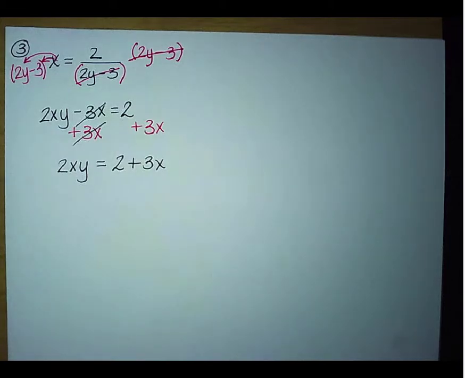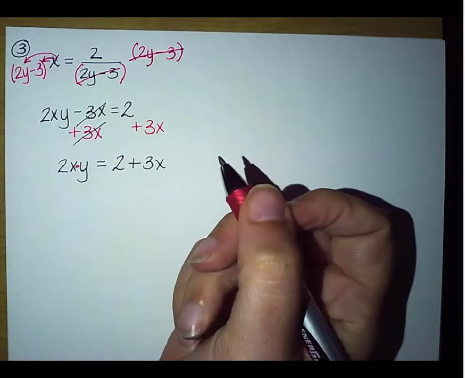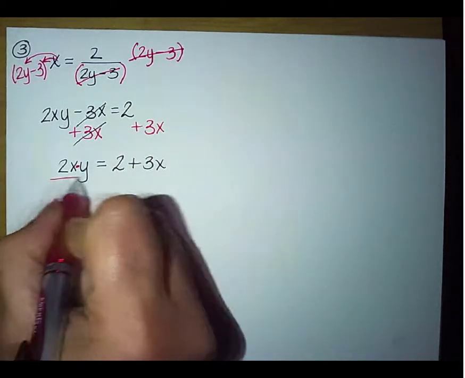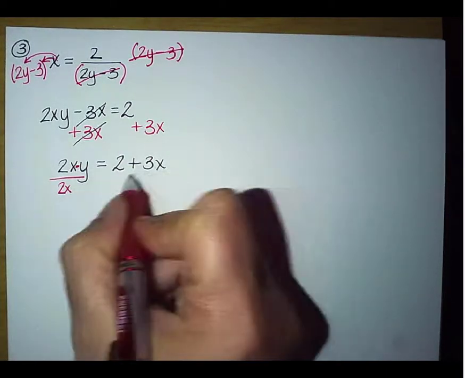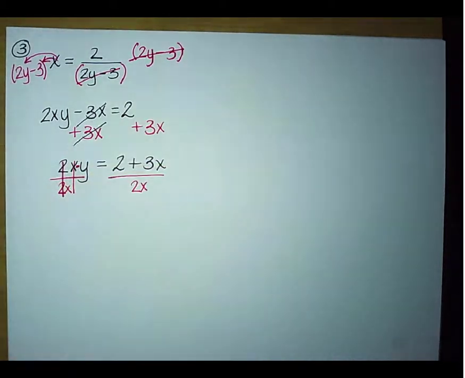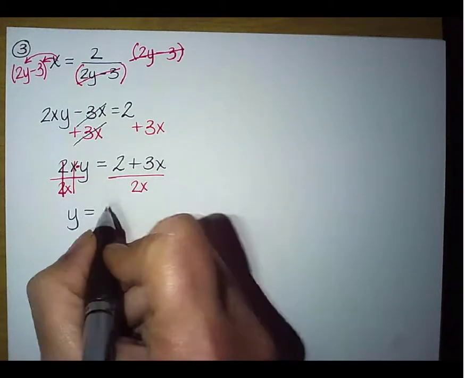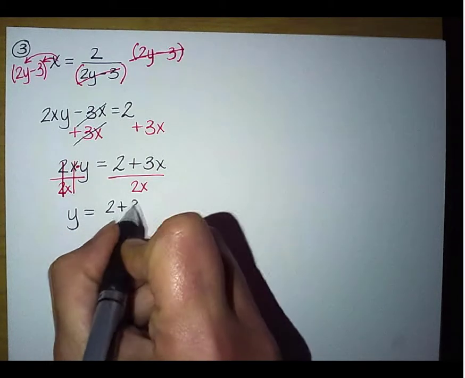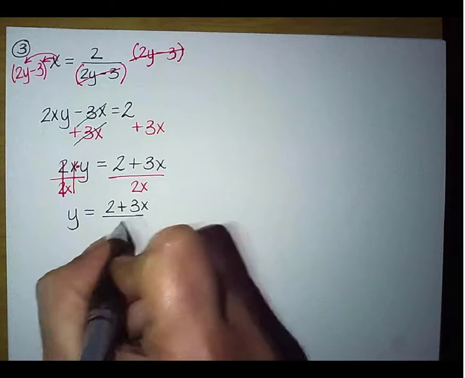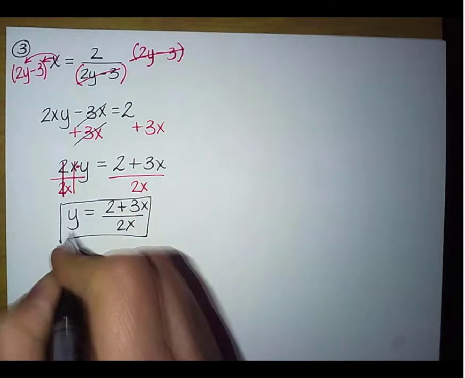Again, one last thing, 2x times y, so if we want to get rid of multiplication, we are going to divide both sides by 2x. Again, the 2x's here are going to cancel each other out, leaving us just a y over here on the left hand side. On the right hand side we're going to have 2 plus 3x divided by 2x, and this would be our answer for the third problem.